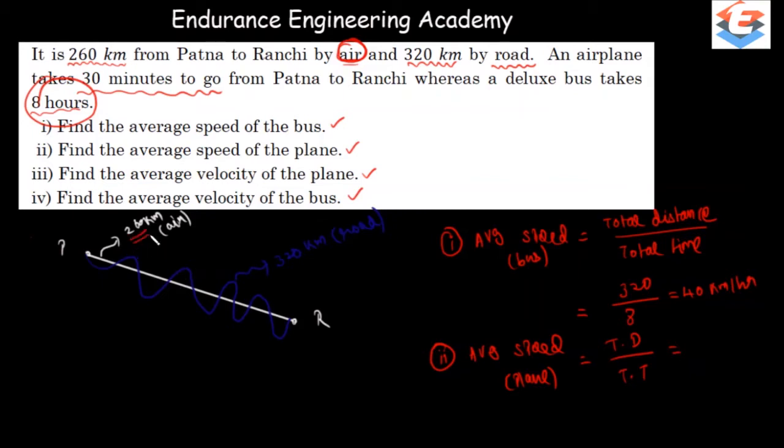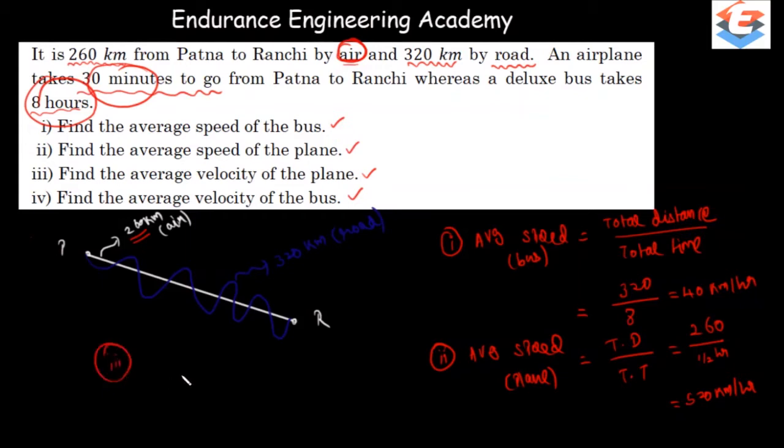Plane has traveled 260 kilometer only. So the actual total distance was 260, and in what time it has traveled? In 30 minutes. 30 minutes means half an hour, right? So 260 by 1 by 2 hour, which is nothing but 520 kilometers per hour. Okay, right.